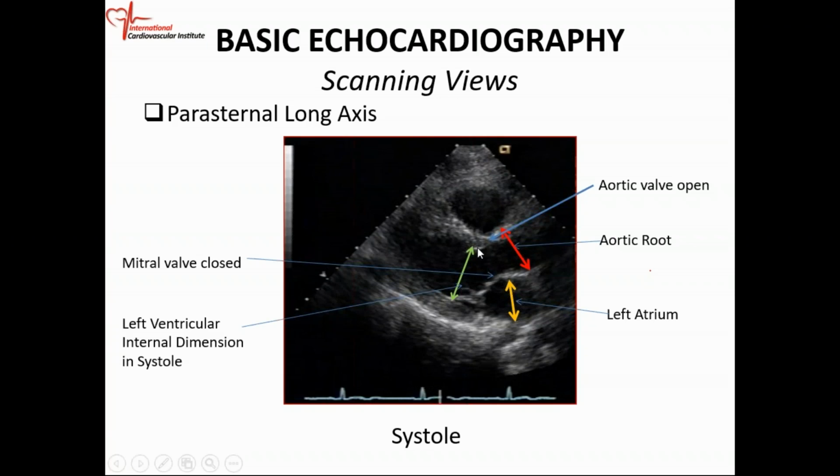Then you're going to measure the left ventricular internal dimension in systole. Measurement for this is done at the tip of the mitral valve. You're also going to do the left ventricular outflow tract diameter measurement.